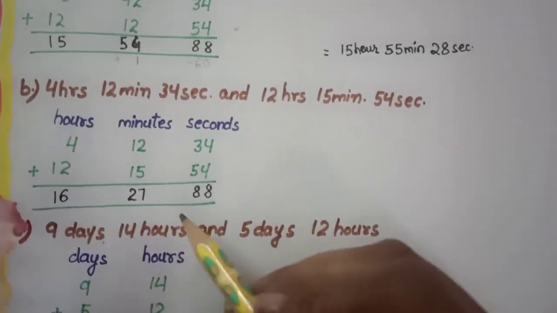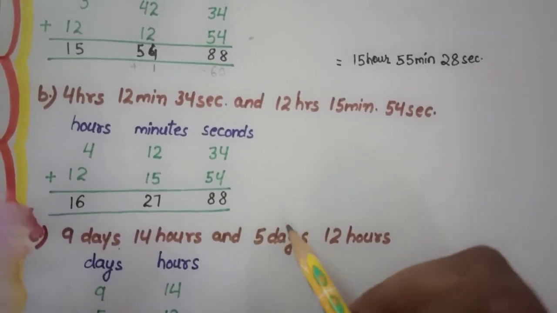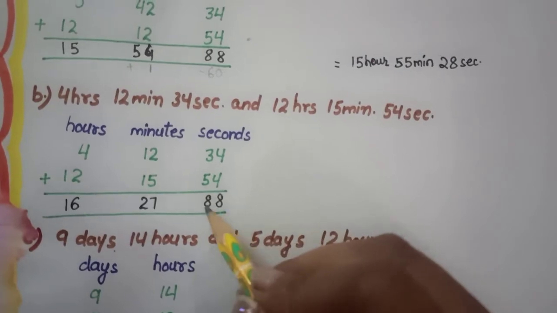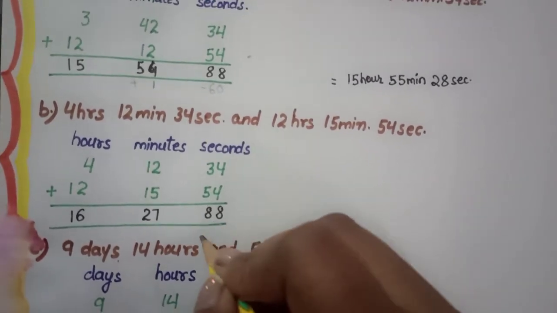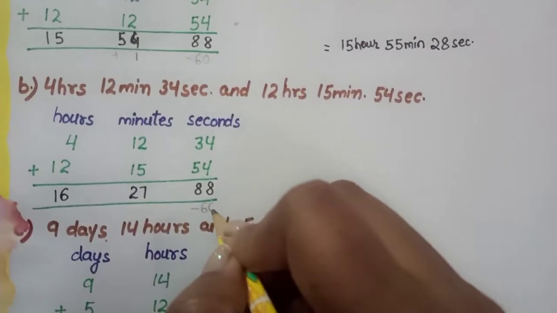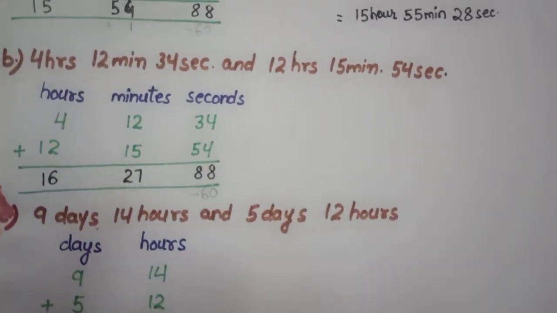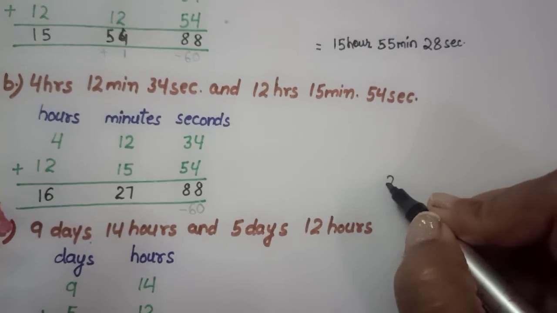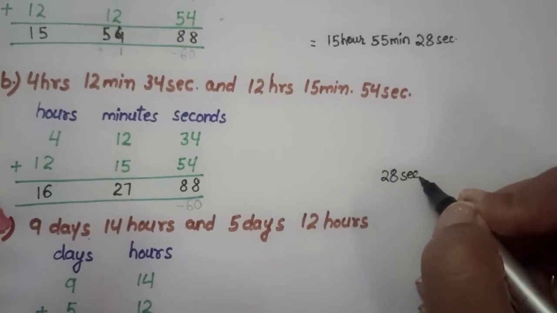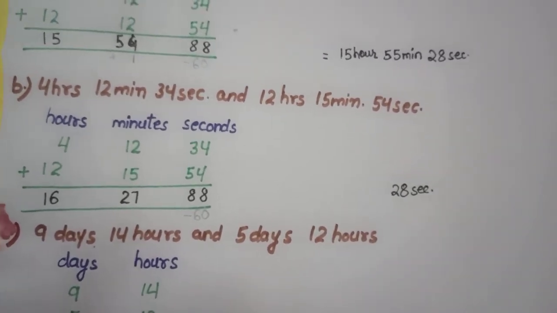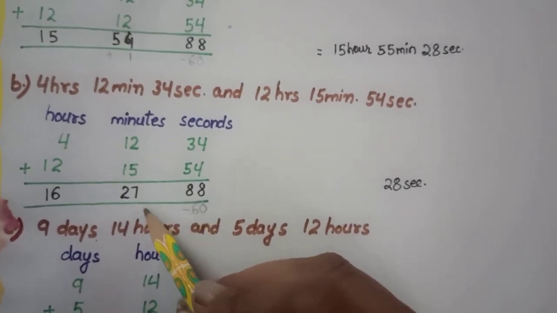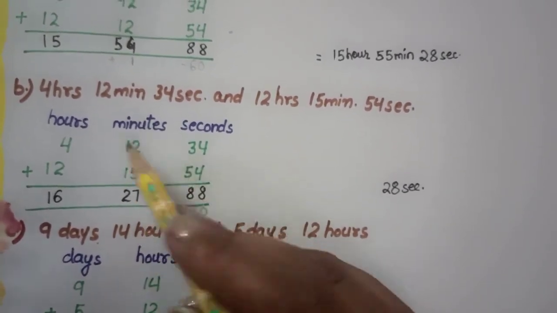Now we need to do the next step. And what is that step? As we can see, we have more than 60 over here. Again let us subtract 60. So what will it become? It will become 28 second. And as we have subtracted 60 from here, it means we will give carry to the minutes part.